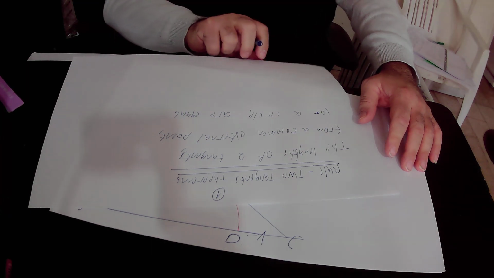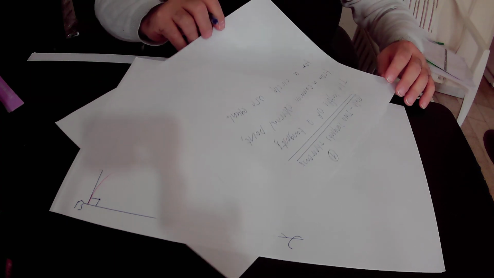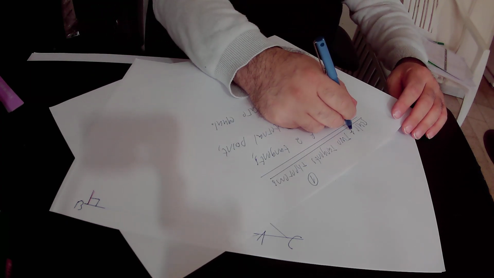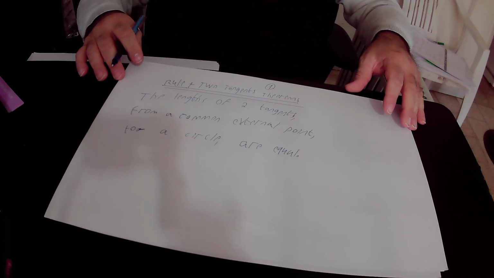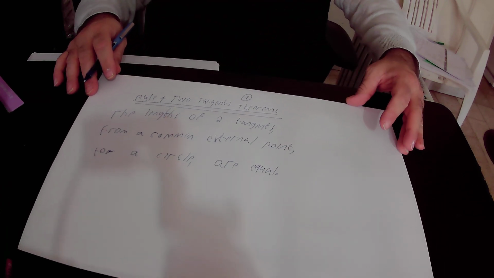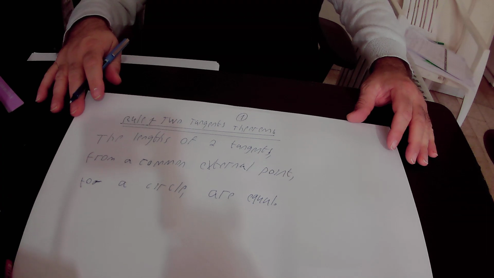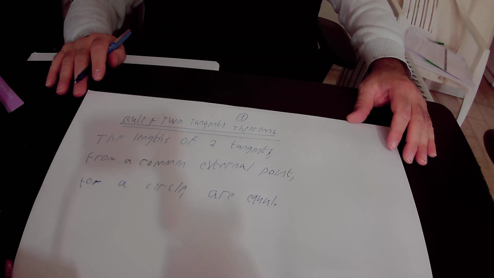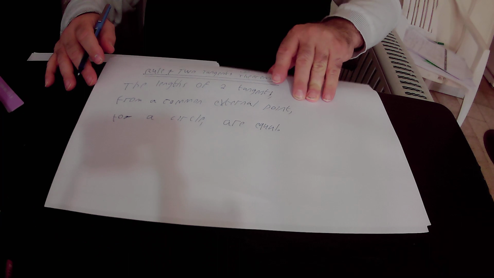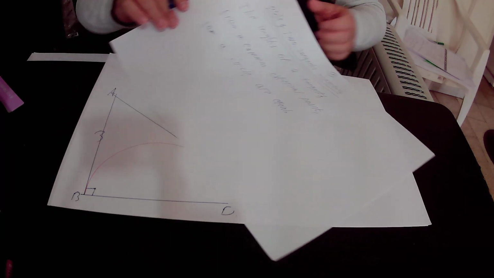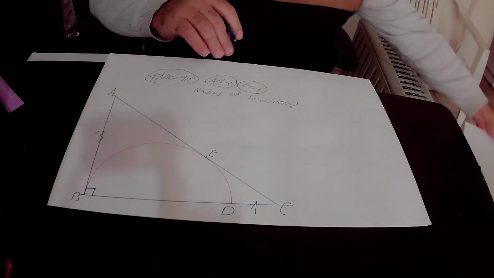So I will read the two tangents theorem, or rule number 1, again. The two tangents theorem states that the lengths of two tangents from a common external point to a circle are equal. So what is the meaning of rule number 1, or two tangents theorem?